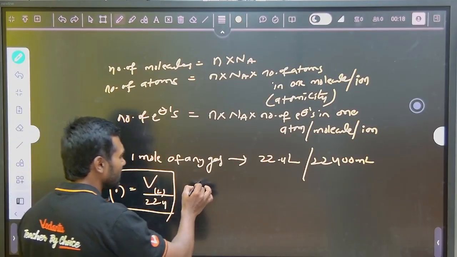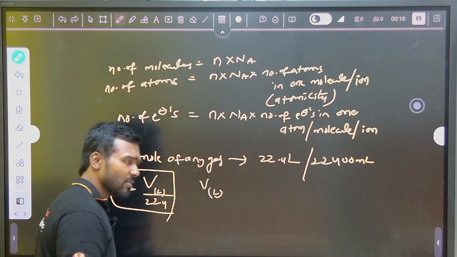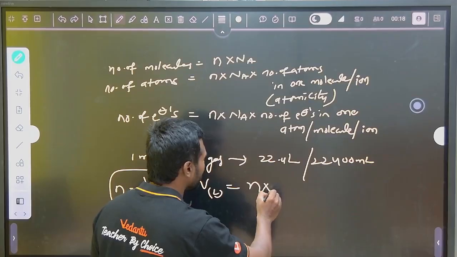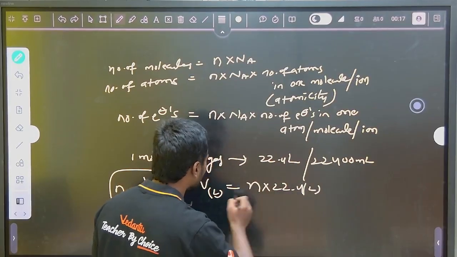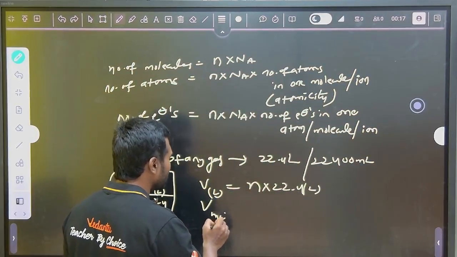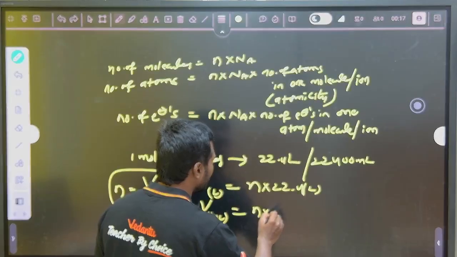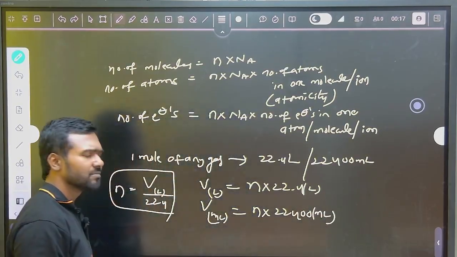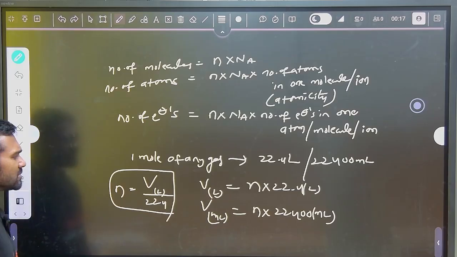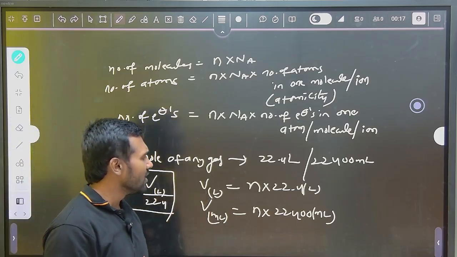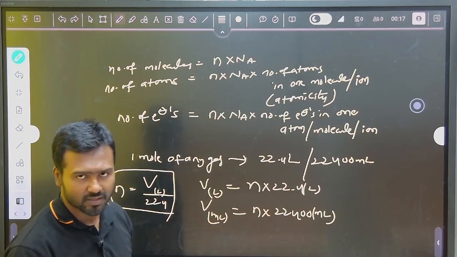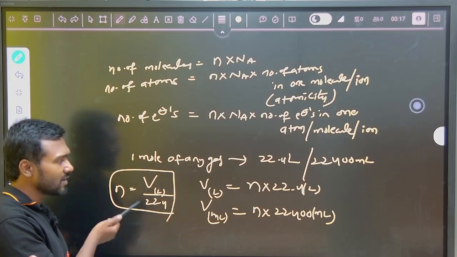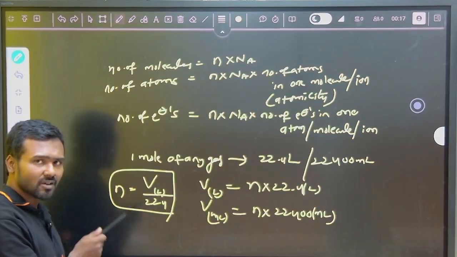That means the volume occupied by any gas is equal to number of moles into 22.4 liters if you want it in liters. And if you want it in ml, then we take n into 22,400 ml.